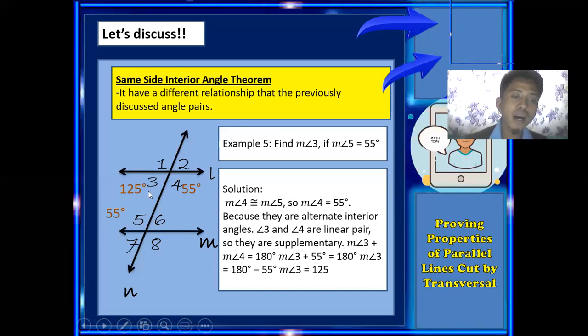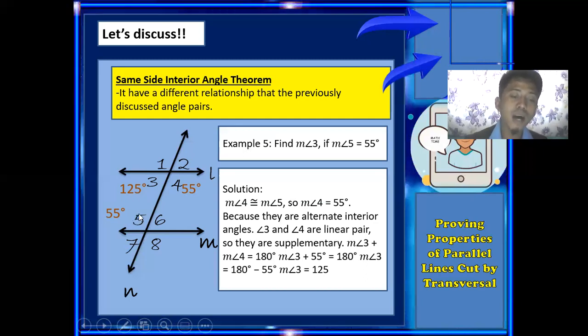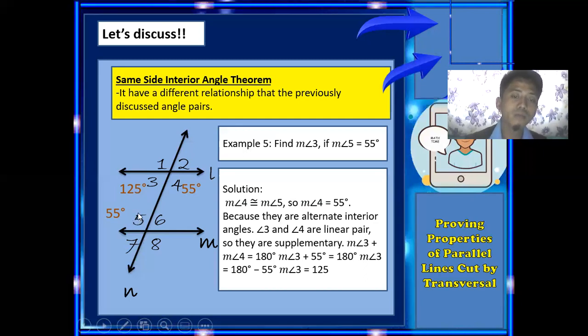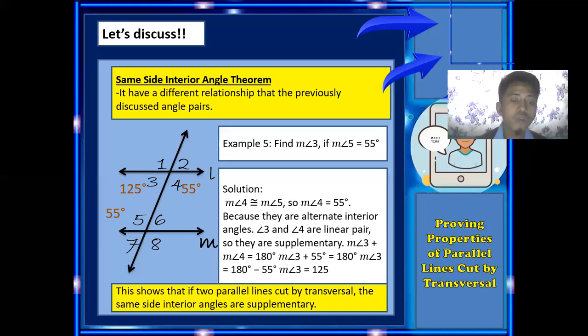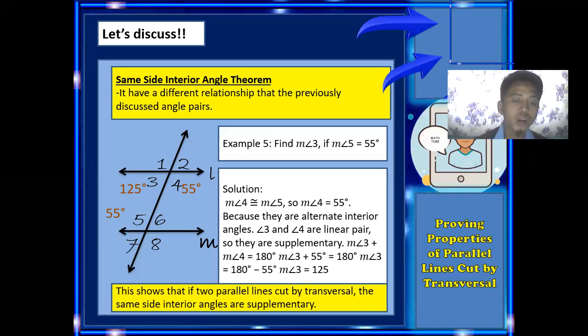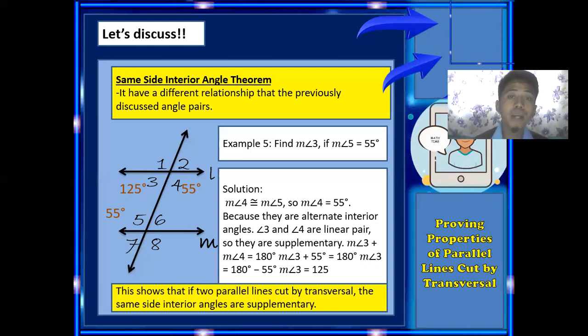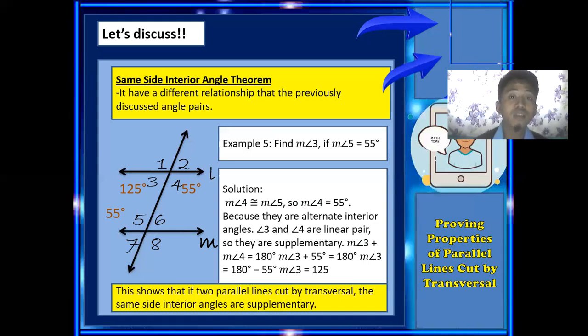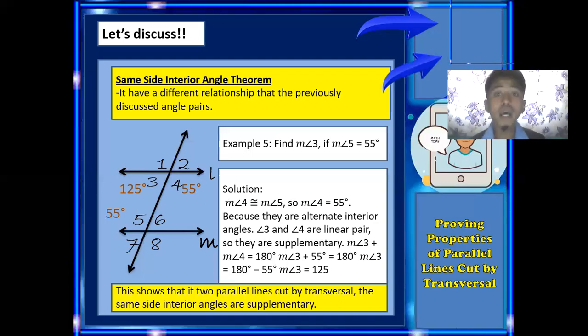The measurement of angle 3 is 125 degrees, and the measurement of angle 5 is 55 degrees. The main focus of this theorem is that if parallel lines are cut by a transversal, the same side interior angles are always supplementary, or linear pairs. The sum of the two angles is supplementary.